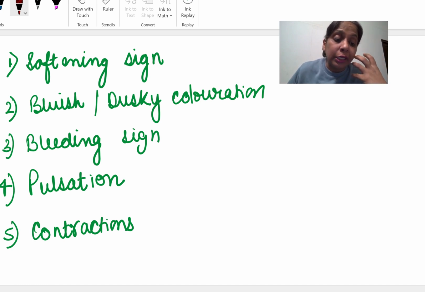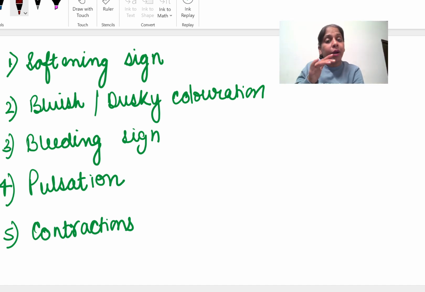And due to the increased vascular supply, there is a bluish or dusky coloration. Bleeding sign: you all know that the placenta gets implanted, so sometimes there is a bleeding sign there. Then there is a pulsation sign.